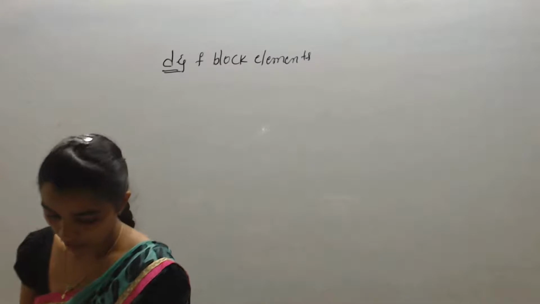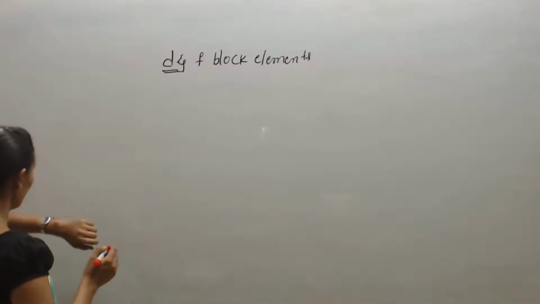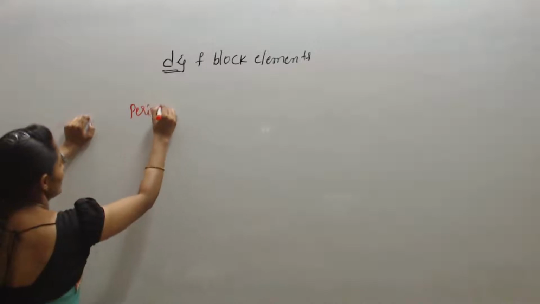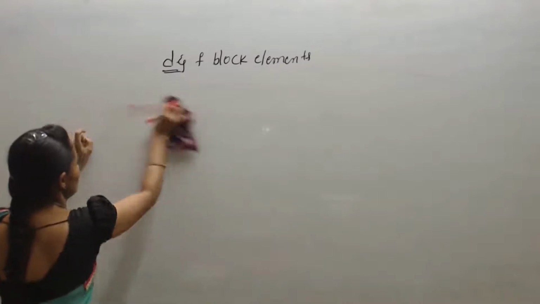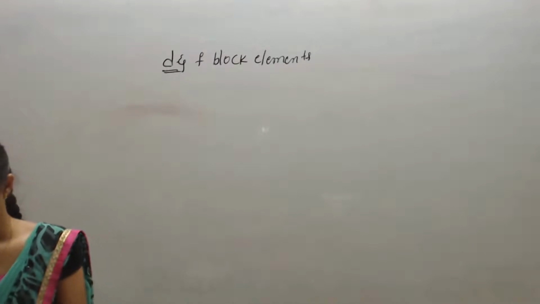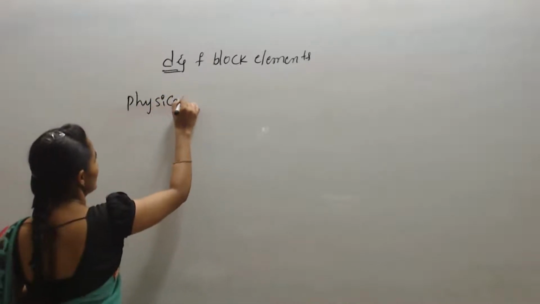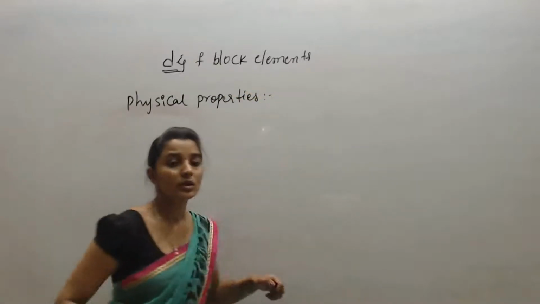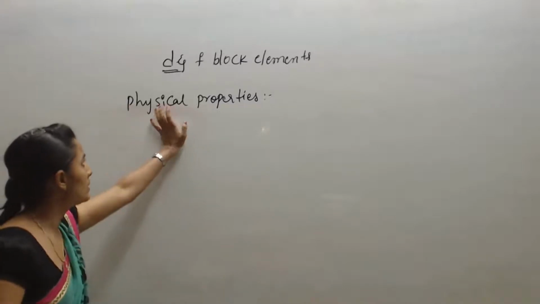Okay, so the second one is periodic, not periodic, physical properties. Okay, students, in these physical properties, the main thing we are going to discuss is, so listen, physical properties.